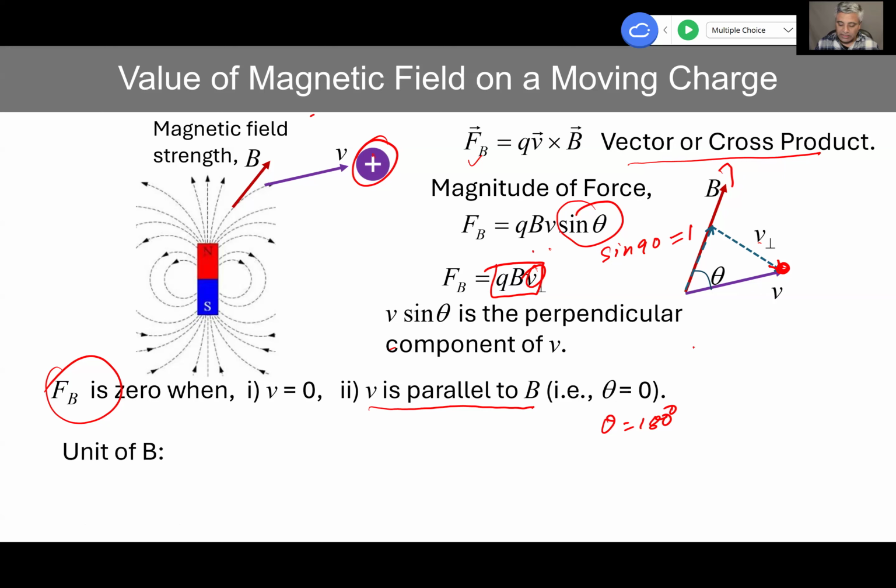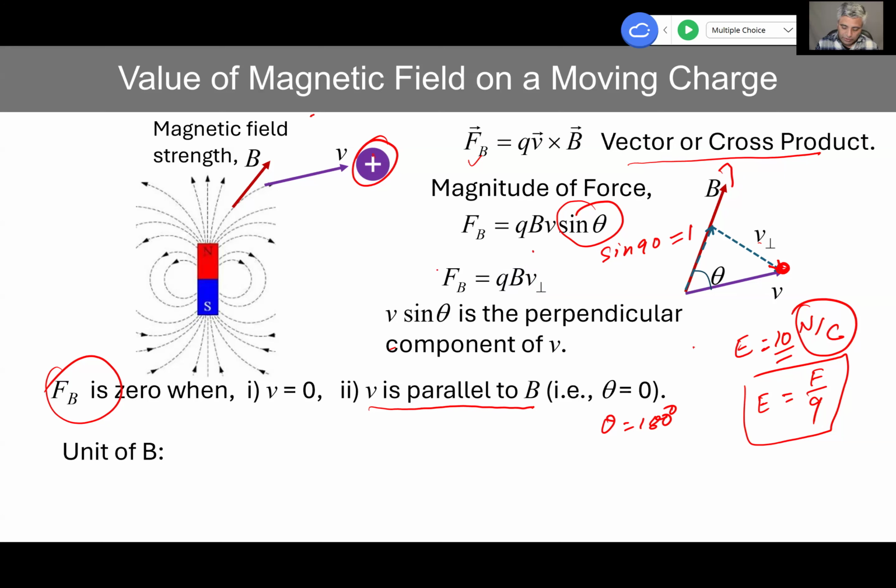So what is the unit of B? Electric field, we said, was Newton per Coulomb, right? What's the unit of electric field? Let's say 10 Newton per Coulomb. That's what we wrote. And how did we figure that out? By using the definition of electric field, which is force divided by charge. But the B has this kind of equation: force per unit charge, but there is velocity as well.